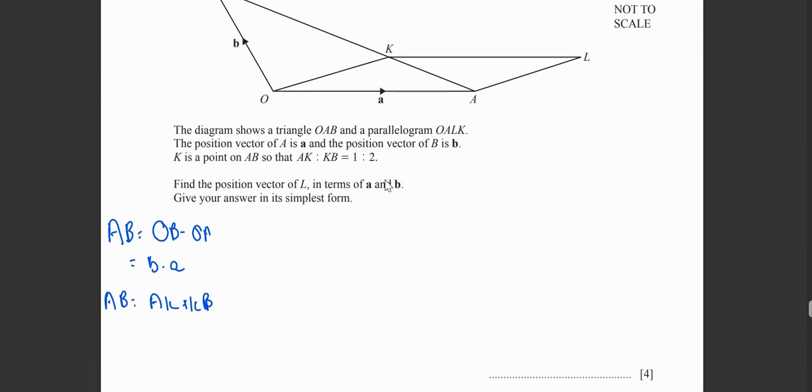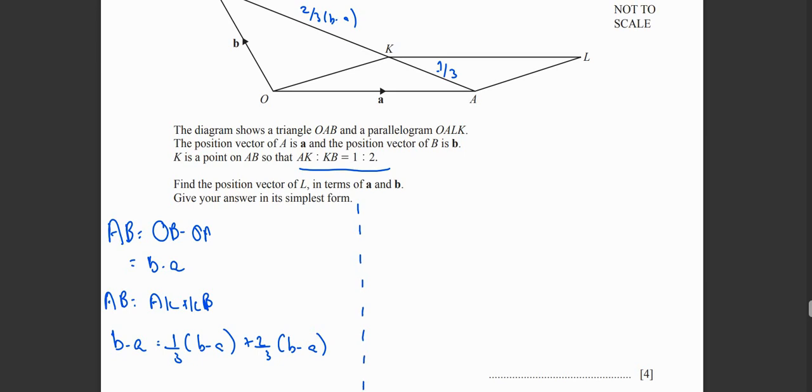We already know the ratio of AK and KB, which is 1:2. So AK is 1/3 of B minus A, plus KB, which is 2/3 of B minus A.